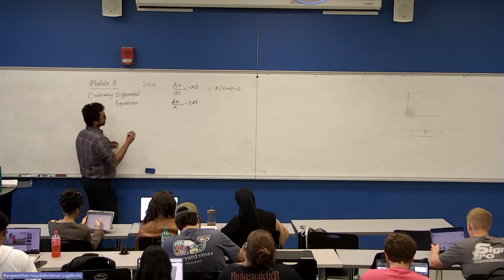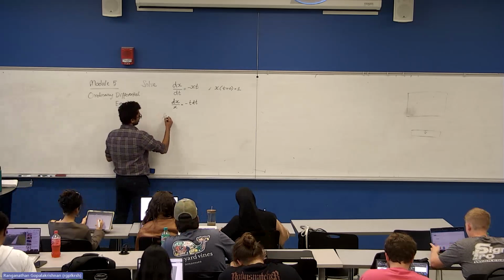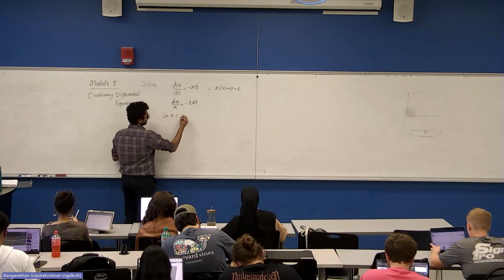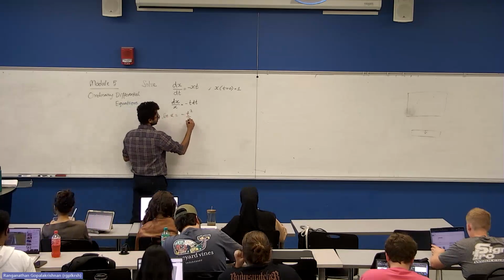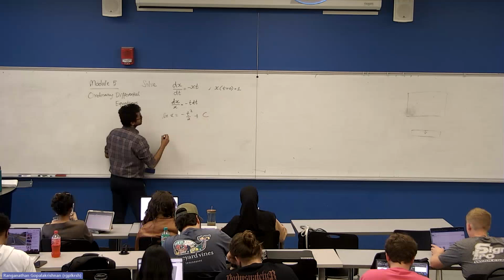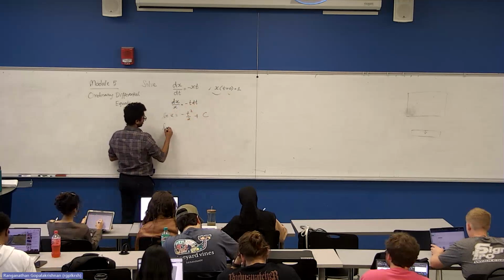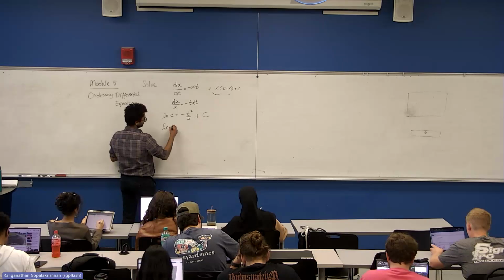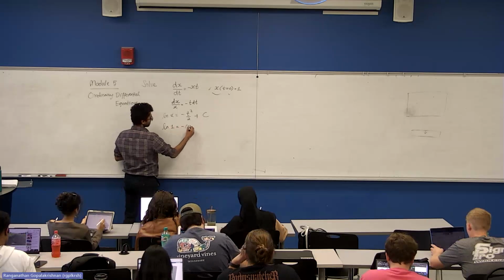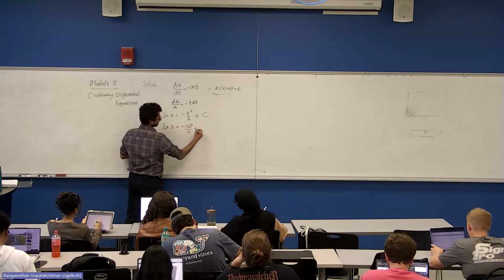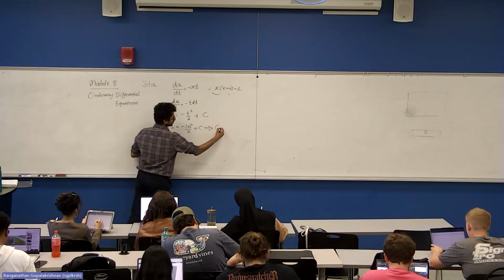Okay, so you would integrate both sides. Logarithm of x equal to negative t squared over 2 plus an integration constant. But if we use the initial condition, ln of x is 1 when time is 0. So that will get me c equal to 0.